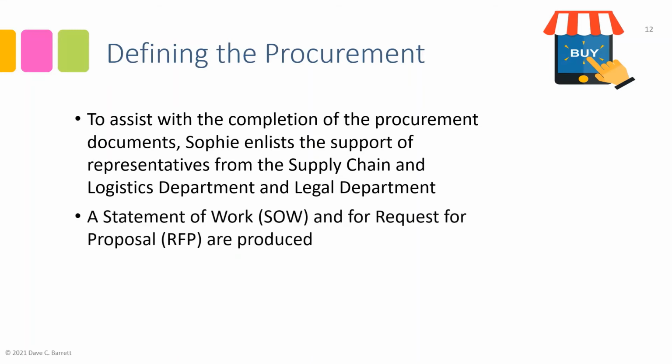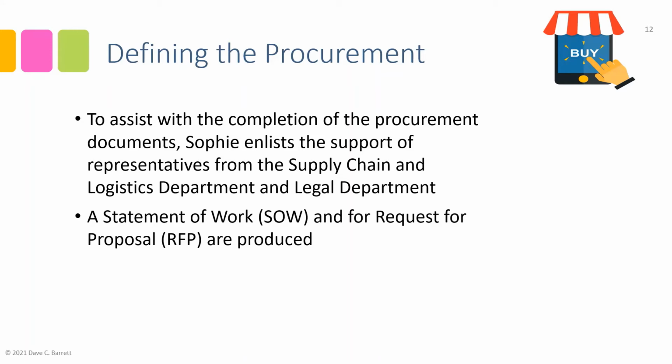The statement of work and request for proposal, both of these documents are produced, and these can be significant efforts. In order for sellers to quote, they need a great amount of detail, particularly on large or complex procurements.